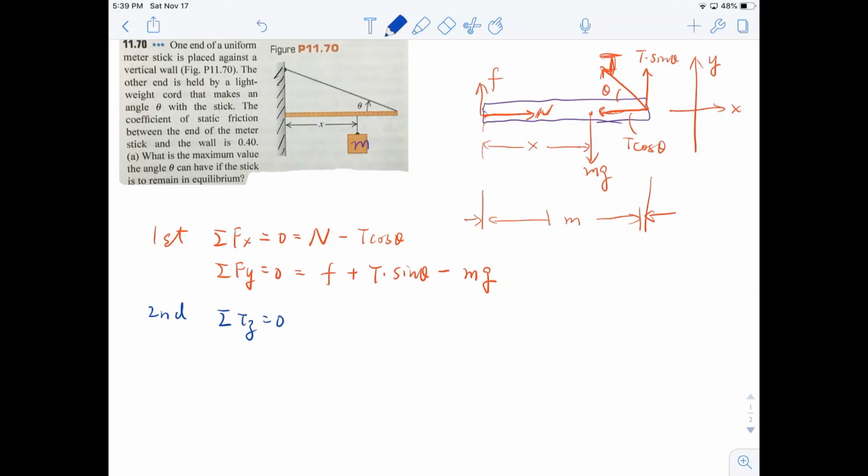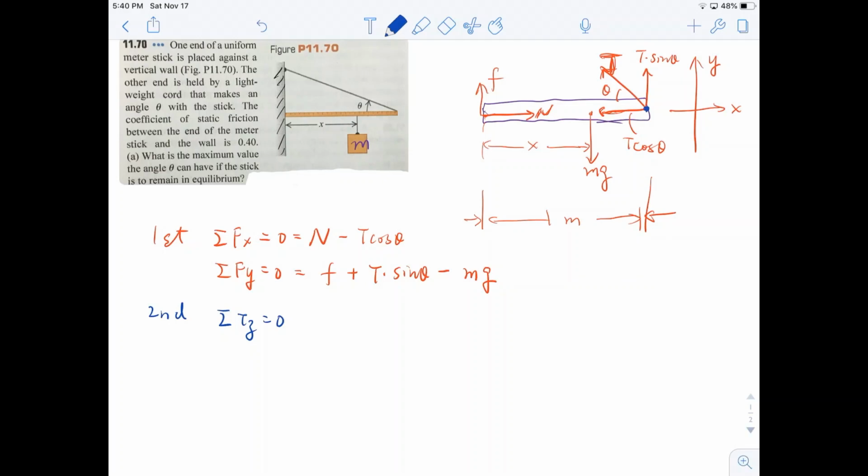And here, we definitely want to choose a reference point that works in our favor. Basically, we don't want to place this reference point anywhere such that we need to calculate the torques from all these forces. So a natural choice is to place it at one of the ends of this object. Let's place it on the right end.